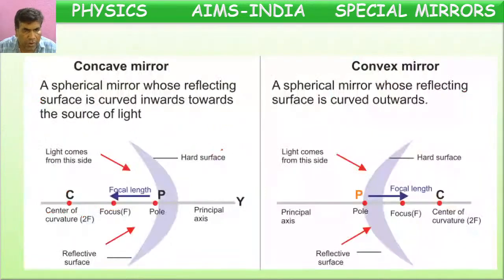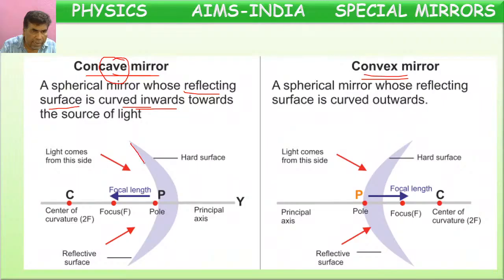Next slide. Let's go to the next slide. Here we have the concave mirror and the convex mirror. For the concave mirror, concave means curved inwards. The reflecting surface is curved inwards.